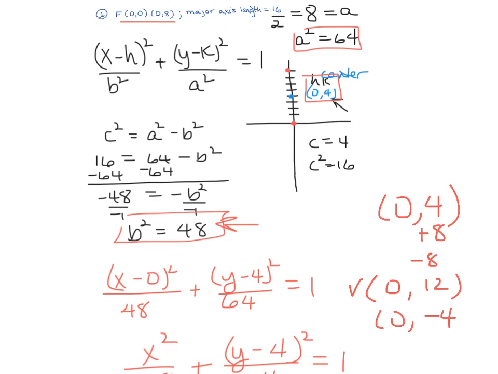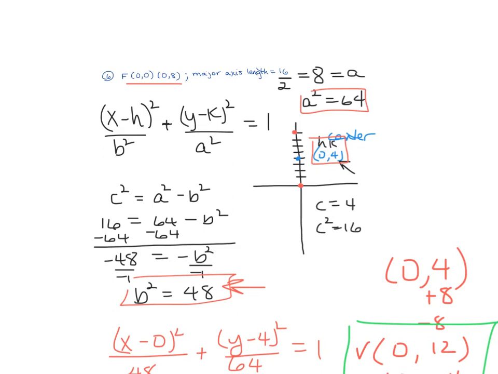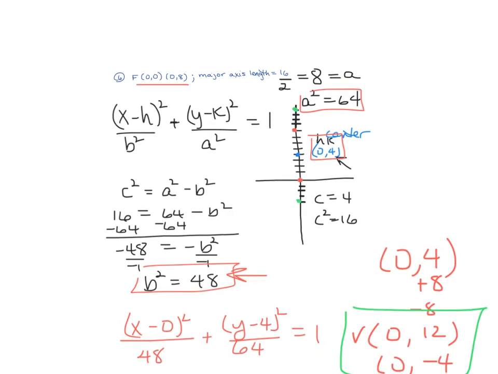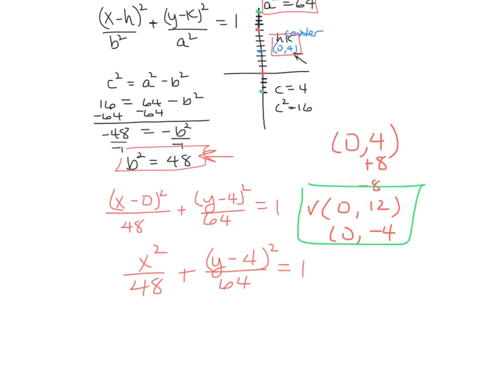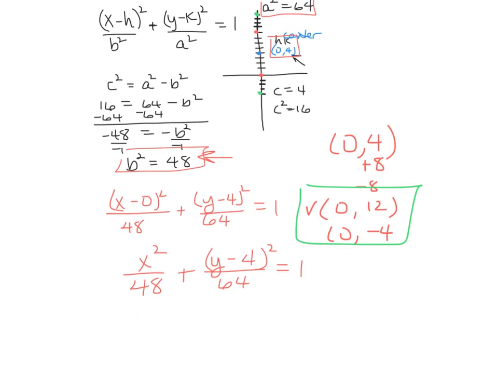So we could actually graph some vertices. So I would have to go up 4 more, 9, 10, 11, 12. So I'd have a vertex up here, and then go down 1, 2, 3, 4, and another vertex here. And then to find the co-vertices, I would be adding the square root of 48.